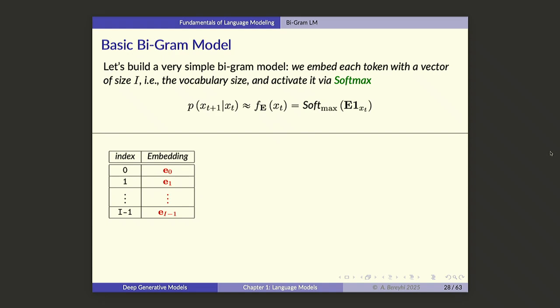Every single one of those embedding vectors E is I-dimensional. They are all the same size as the number of rows you have in this vocabulary. Okay? And then you simply pass this embedding, whatever the word is. If you want to know the chance of the next word, you take its embedding and pass it through a softmax. It's going to give you a bunch of probabilities, and you're going to sample from that. Okay?